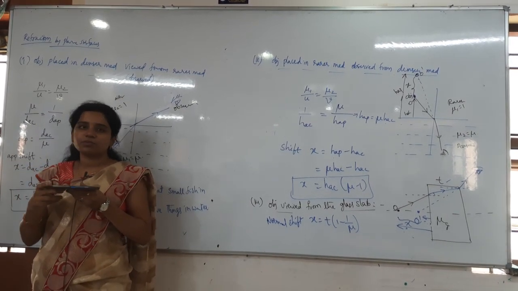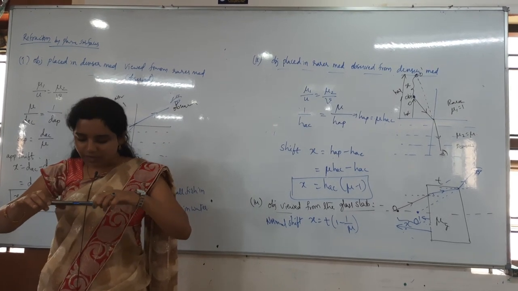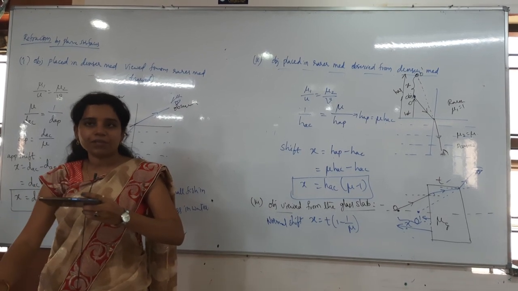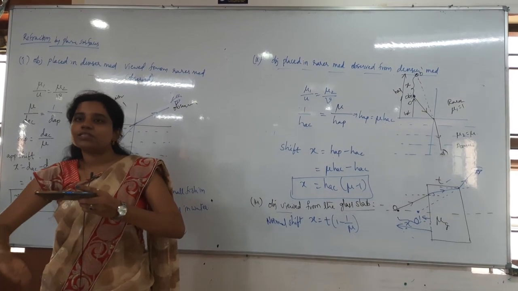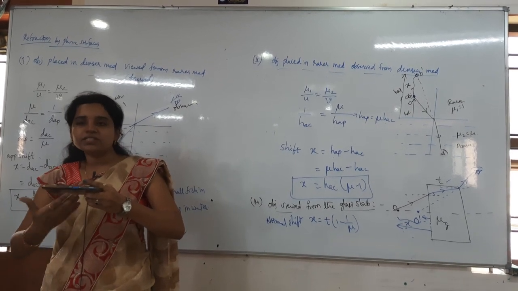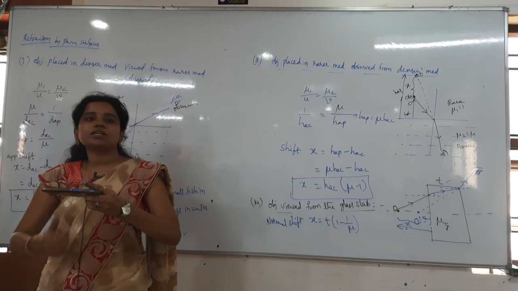Whenever I look through that glass slab, the actual floor is not appearing there; it has come towards me. So this is the shift, and the shift is in which direction to the boundary? Normal. So that is a normal shift.